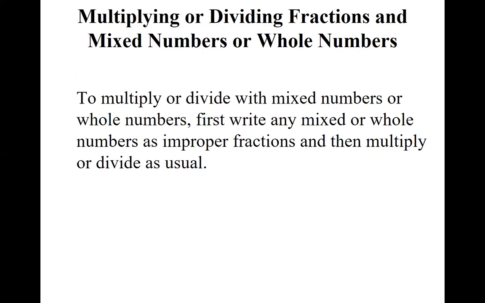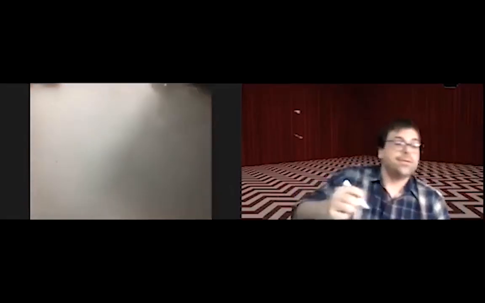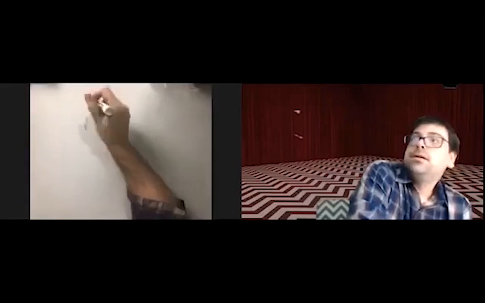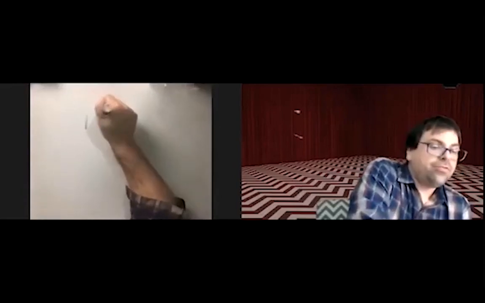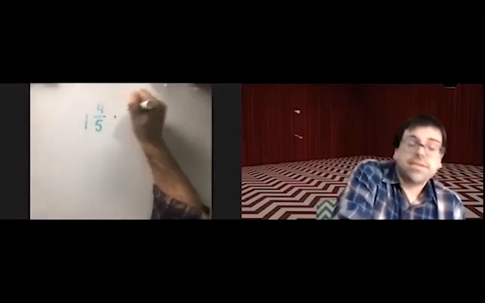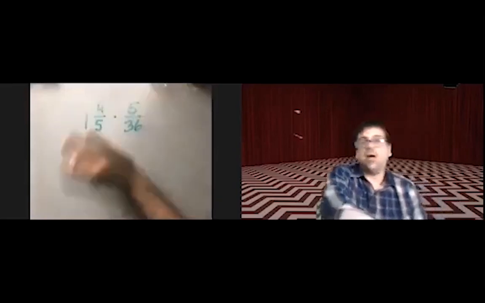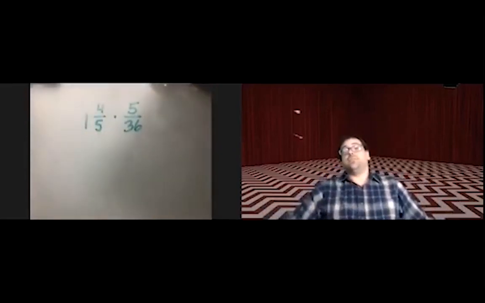To multiply or divide with mixed numbers or whole numbers, the first step is to write any mixed or whole numbers as improper fractions, then multiply or divide as usual. 1 4/5 times 5/36. And now we have no idea what to do.